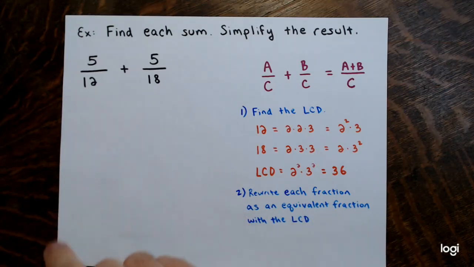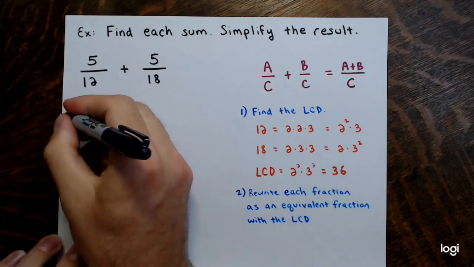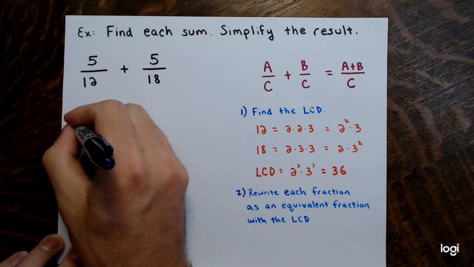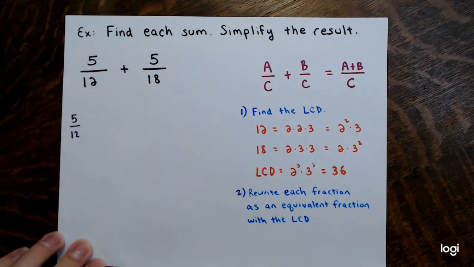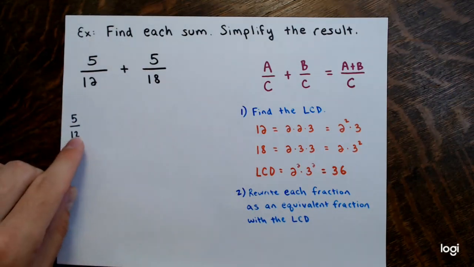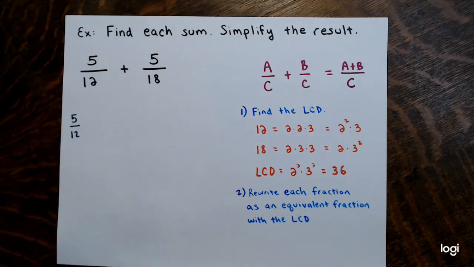All right, so I'll do that over here. We've got 5/12, and I'm going to try to rewrite 5/12 as something equal to 5/12, but with a denominator of 36.